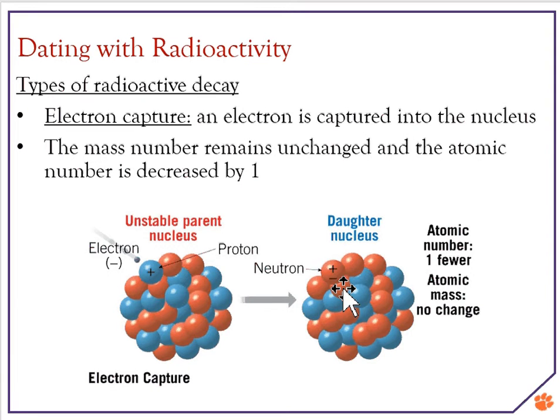Since we will be losing a proton from the nucleus, the atomic number is going to be reduced by 1. However, instead of losing that one proton, we are gaining a neutron. So the atomic mass isn't going to change because the total number of protons and neutrons stays the same.